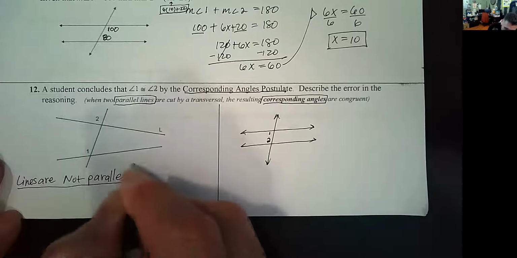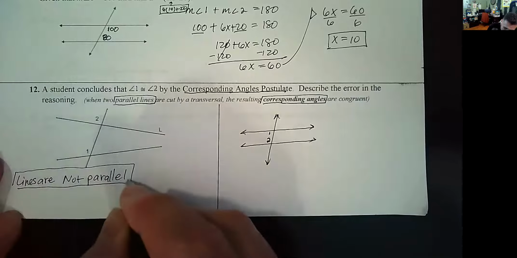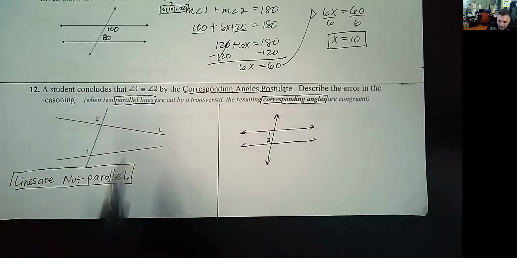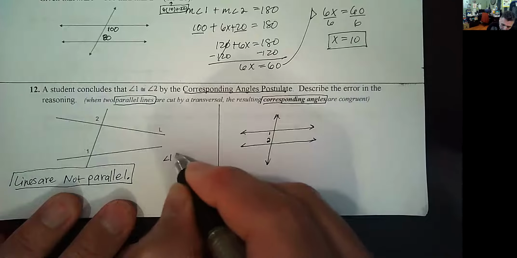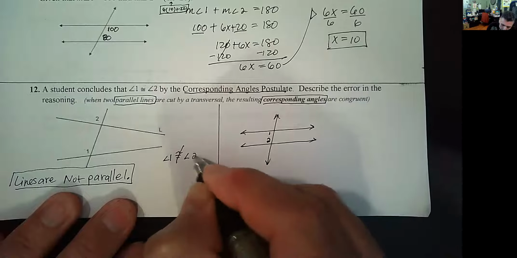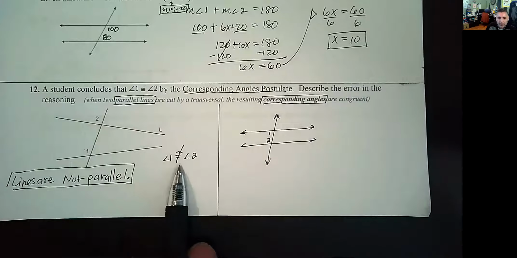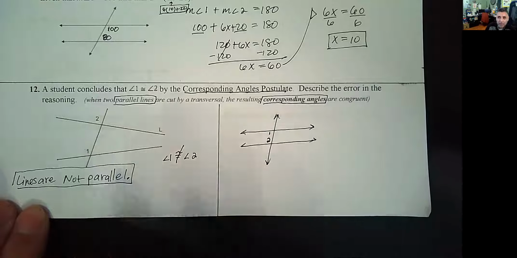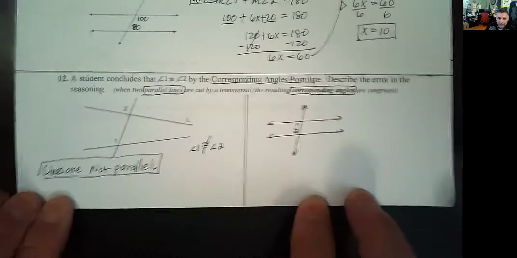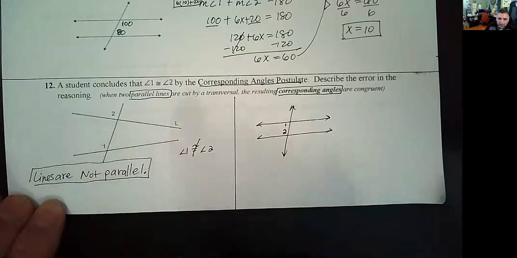That's the error in the reasoning. That's why 1 and 2 are not congruent. They're not congruent because the lines are not parallel in this example, like in this picture, in this diagram right here.